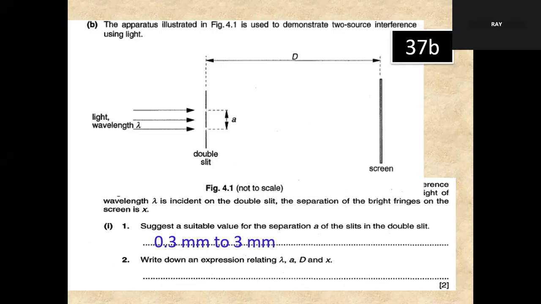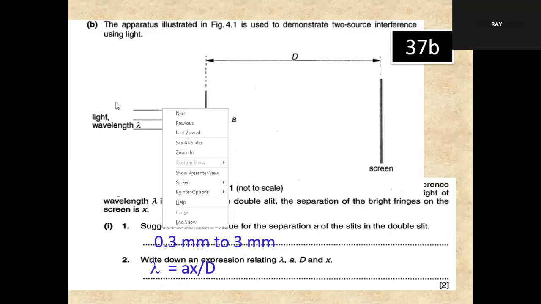What's the relationship between lambda, a, D, and x? Memory work. You see, this is very simple sometimes. x equals D lambda over a.